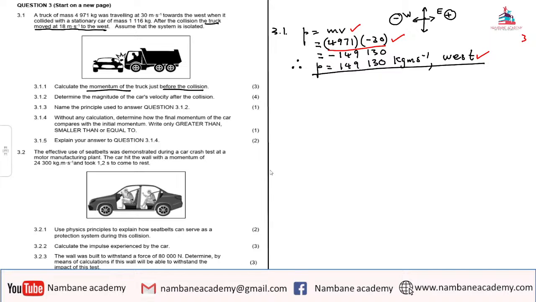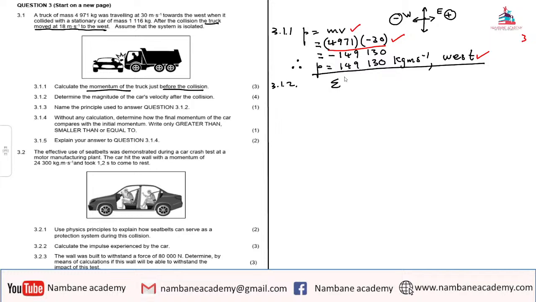Ladies and gentlemen, let's quickly move. 3.1.2: determine the magnitude of the car's velocity after the collision. Very easy, because we know that the car was stationary, but we have two objects that are colliding. So we cannot use P is equal to mv. The only principle that allows us to accommodate two objects that are colliding is the conservation of linear momentum.